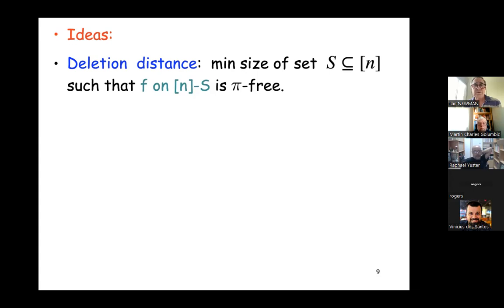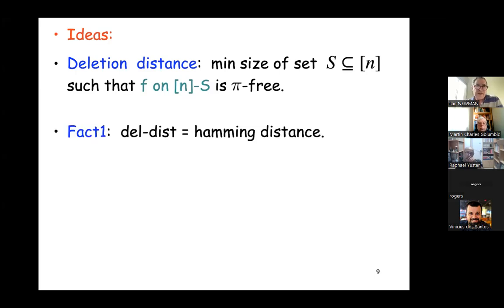So since I want to distinguish between functions that are far and functions that have the property, if I will be able to decide whether the function is far in the deletion distance, then it's already okay, because the deletion distance is even smaller conceptually than the Hamming distance. And that's kind of obvious. But in fact, it turns out that it's actually equal, and it's very easy to see.